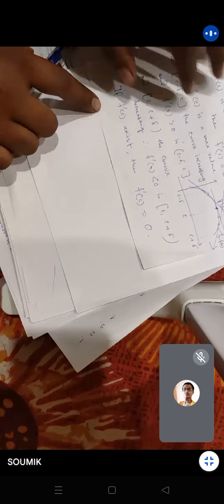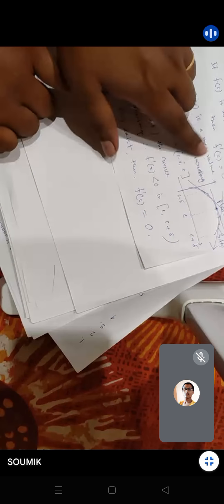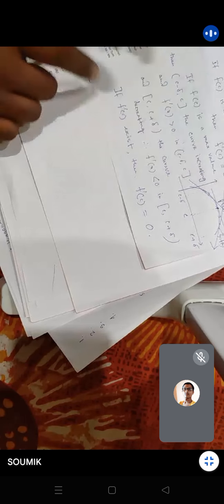So this is the geometrical interpretation of f'(c) equals 0.